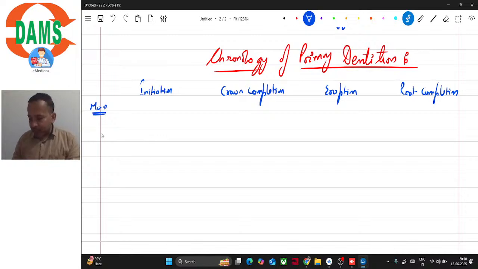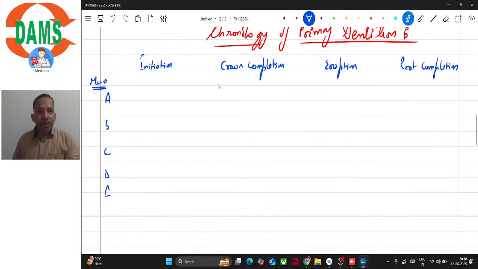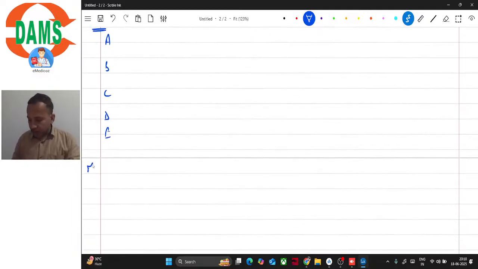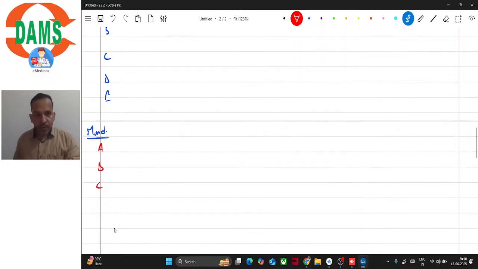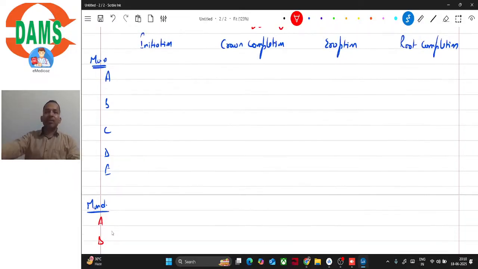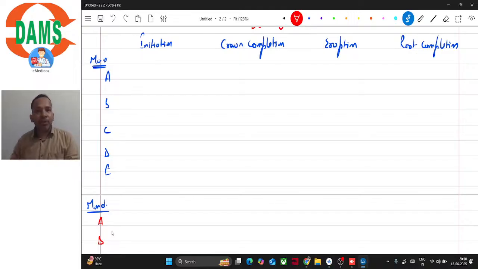So for the maxillary arch, we'll just say A, B, C, D and E, and below it we'll write the mandibular teeth, A, B, C, D and E, right? So as we have just discussed, when I was telling you about those important dates, I told you that the first radiographic evidence of tooth development is seen at the 14th week of intrauterine life, isn't it?